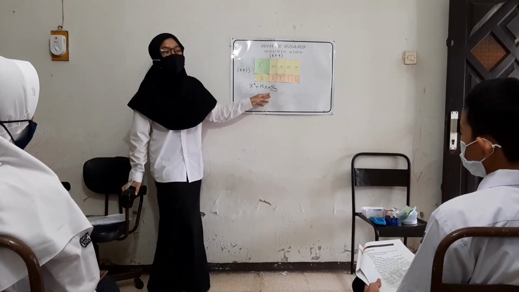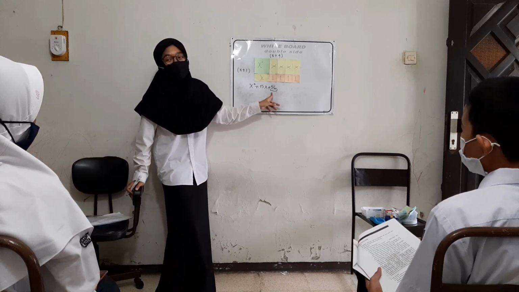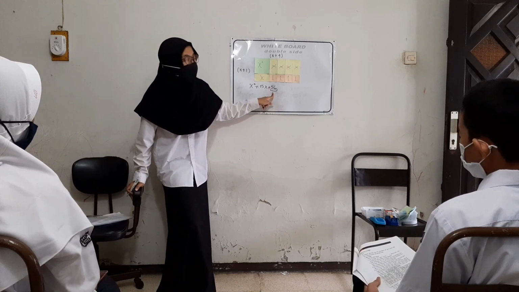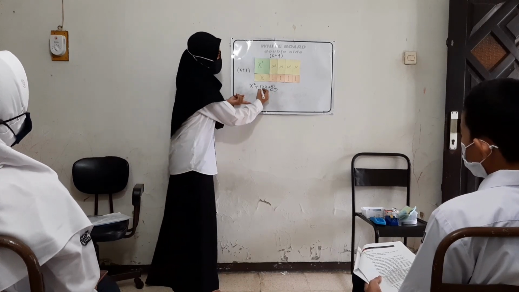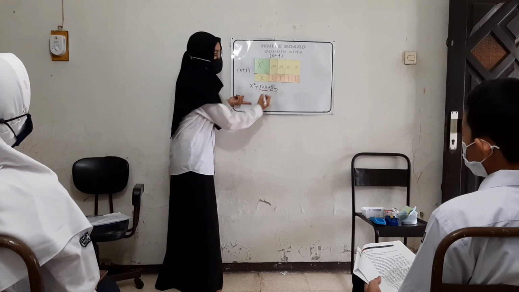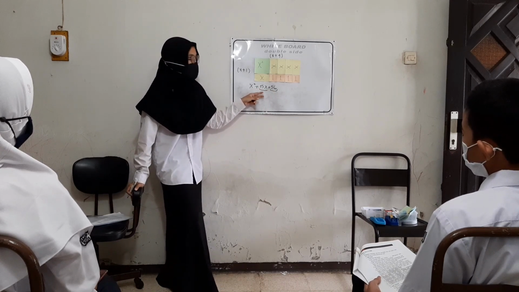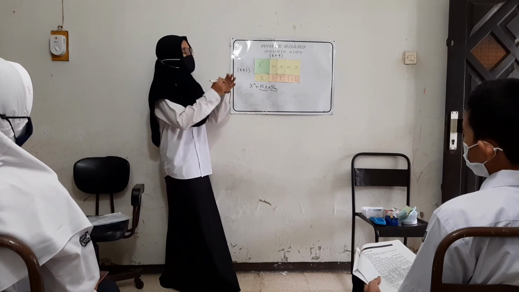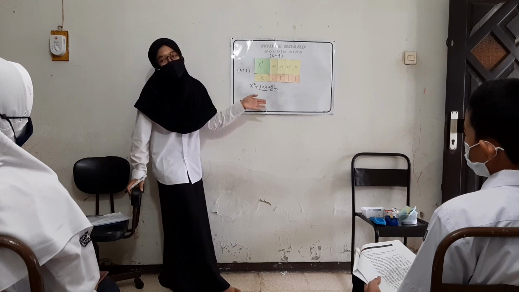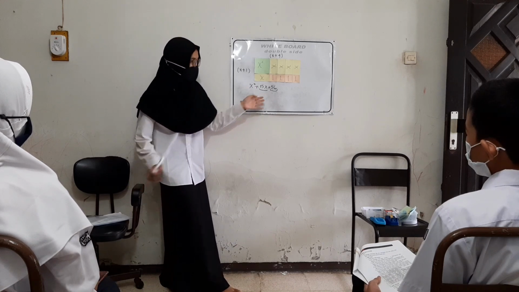After that, we add the factors of the constant. And then, the sum must be 15. And then after that we can get the value of x, the root of this equation.